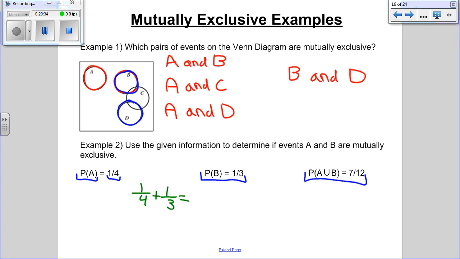So you add these in your calculator. Go 1 over 4, enter, plus, and then in brackets 1 over 3, enter. That'll give you a decimal. The decimal should be 0.58333. Yeah, that makes sense. You go math, fraction, and that'll tell you that it is equal to 7 over 12.